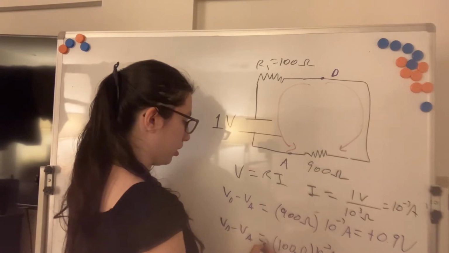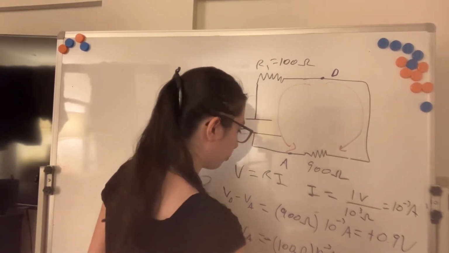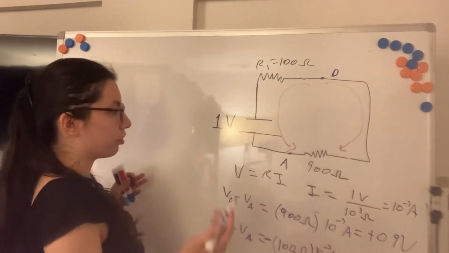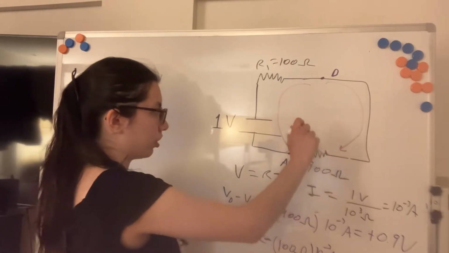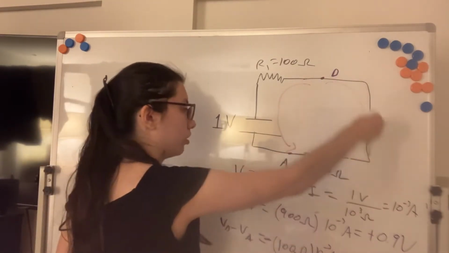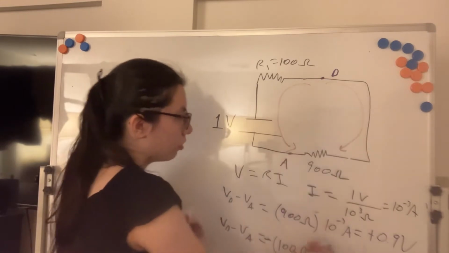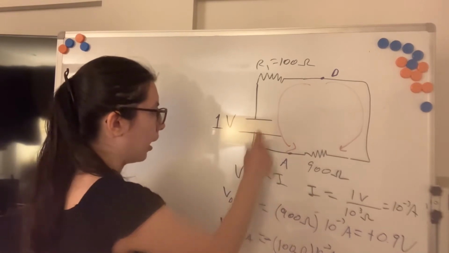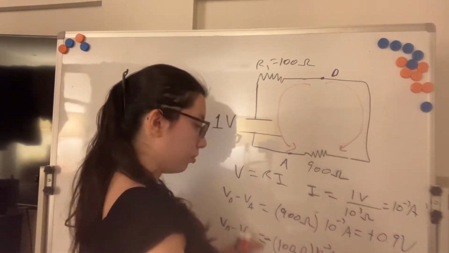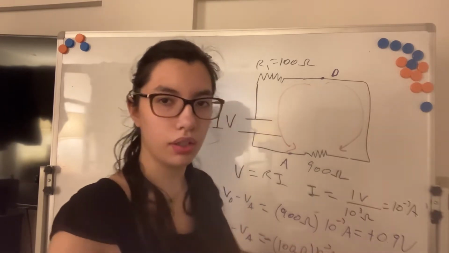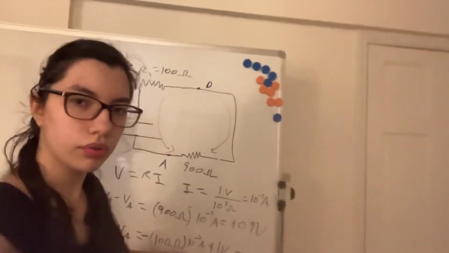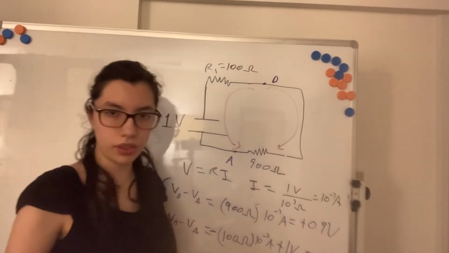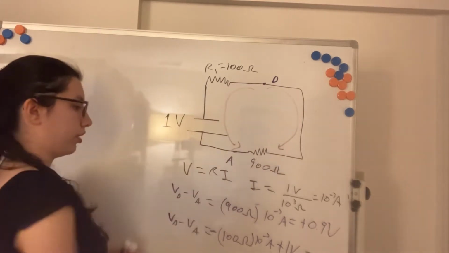So this is a negative, this is a 1 volt. This is because the current goes in one direction, so the drop from this I call a positive drop, and here we change the sign for this resistance, so it is a negative here, and the battery is 1 volt. So again we have 0.9 volts in difference, and it doesn't matter which way we take.